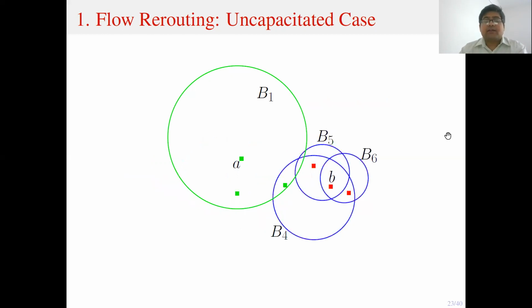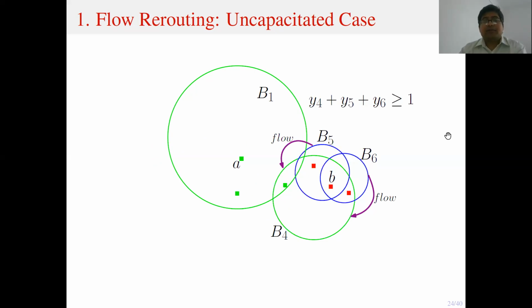I select another point which is not yet covered, take the largest ball around it, and reroute the flow. In this iteration also, I do as good as the optimal solution. Once this algorithm terminates, I obtain an optimal solution by expanding the balls by at most a factor of 3.